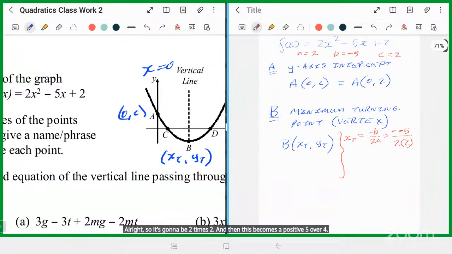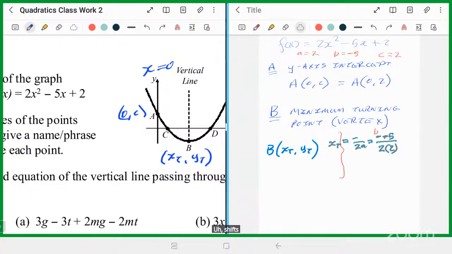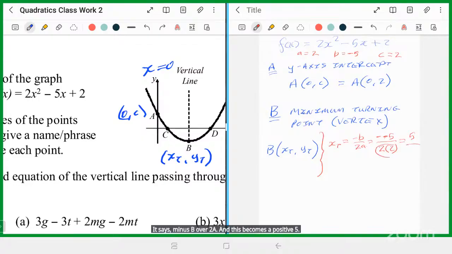And so we can write that positive 5 over 4. Let me shift this over. So it's minus b over 2a. And this becomes a positive 5. This becomes a positive 4. So that's the x value at this point right now. 5 over 4. Right here.